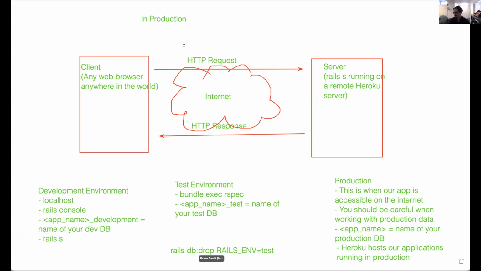So those domain names that these HTTP requests are going to be sent to will look something like your app name dot herokuapp.com. So your mom, your grandma, whoever will be able to go to Joey's adopt-don't-shop.herokuapp.com and see that application running in real time.